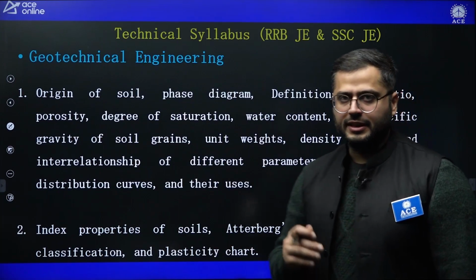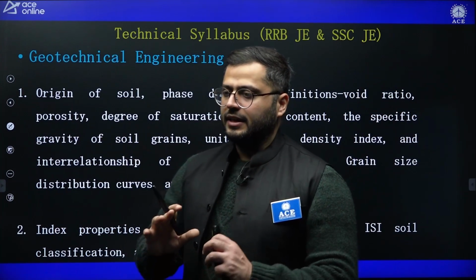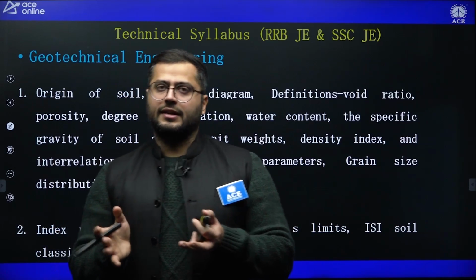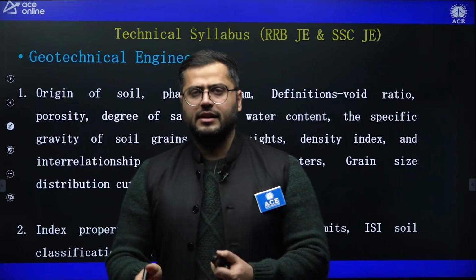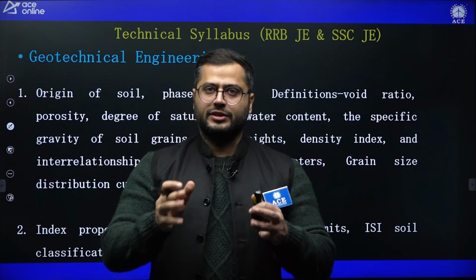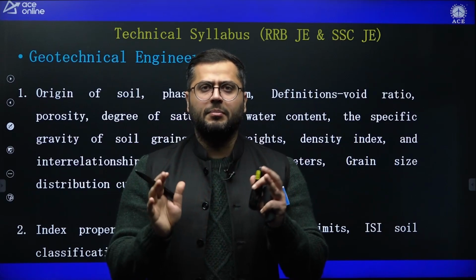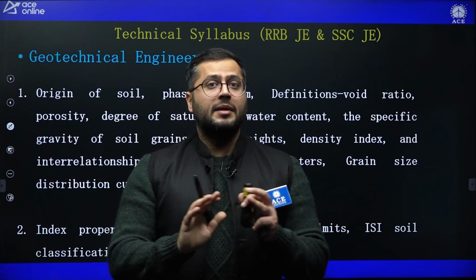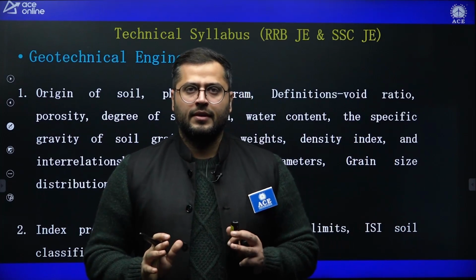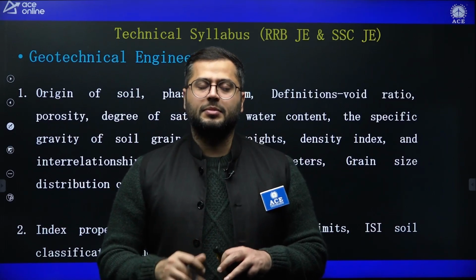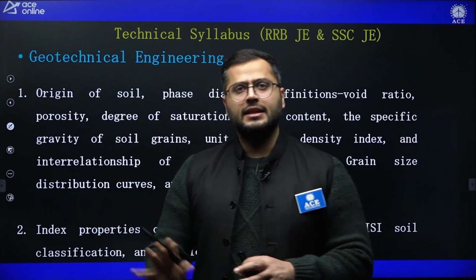Now let's talk about the technical syllabus. Again, for the important subjects in SSC JE and RRB JE for civil engineering, the big subjects, the syllabus is approximately the same for almost all the subjects. But what is extra in RRB JE, I'll be telling you now.